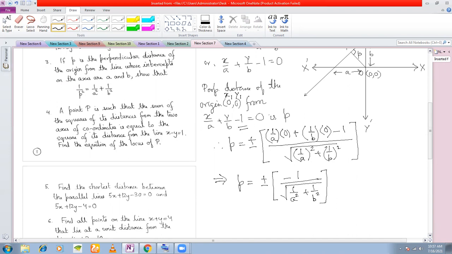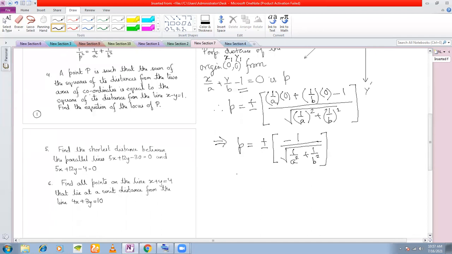Now you have a plus or minus sign, right? So in order to remove the plus or minus sign, you square both sides. Squaring both sides, we get p square is equal to, now if you square the right hand side, plus or minus sign will be removed.